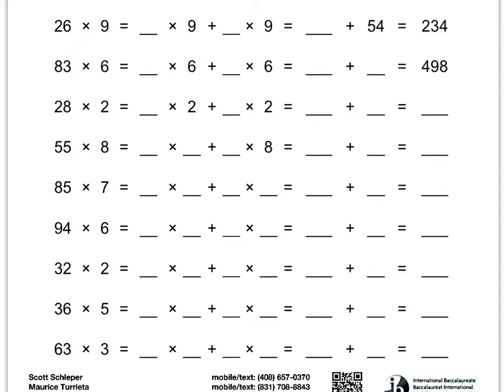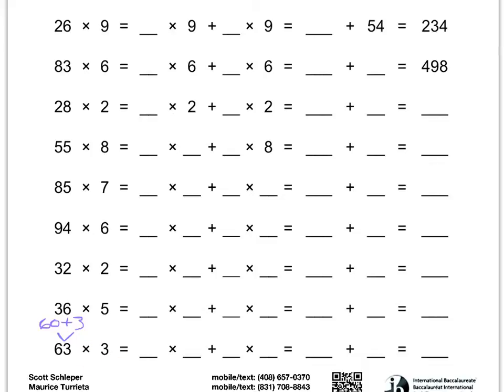I'm going to go ahead and do one problem. I'll just do the bottom one here. So 63 can be split up into the tens place would be the 60, and then the 3 would be in the ones place. So 63 just becomes 60 plus 3. Okay, and then I know that I'm multiplying that by 3.